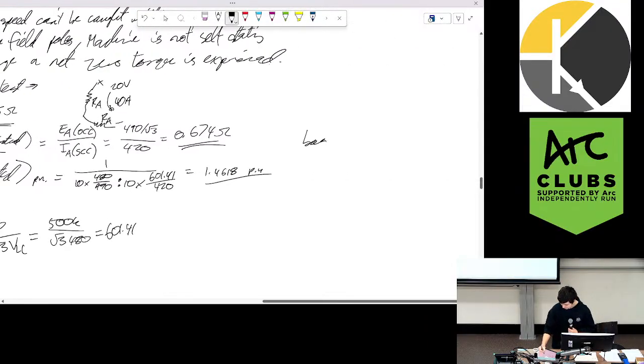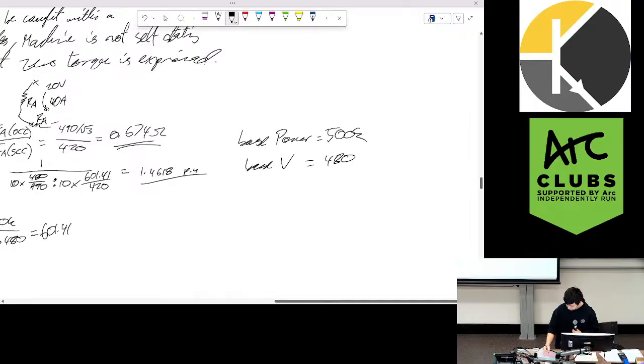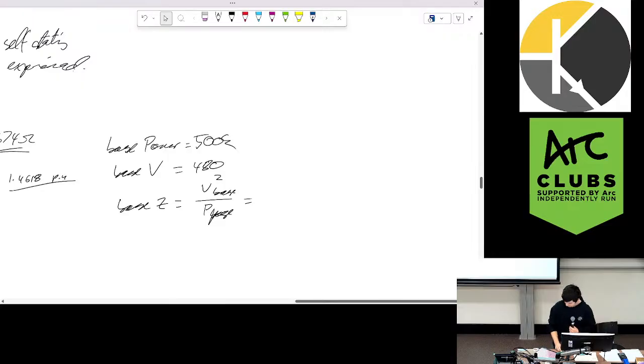Base power is given as 500k. Base voltage is given as 480. Therefore, to find our base impedance, we just take the base voltage squared on the base power, which will give us a number.